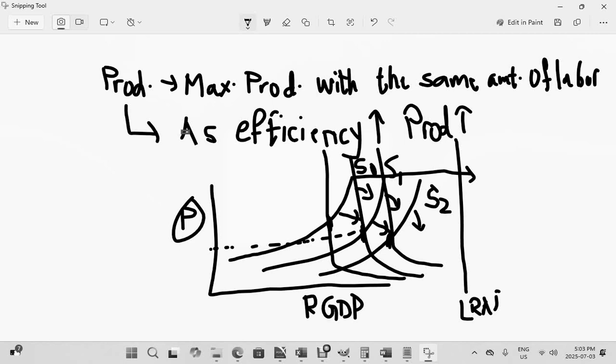Now, at some point, the short range average supply curve reaches your long range average supply curve. Suppose this is your S0. This is where you start off.